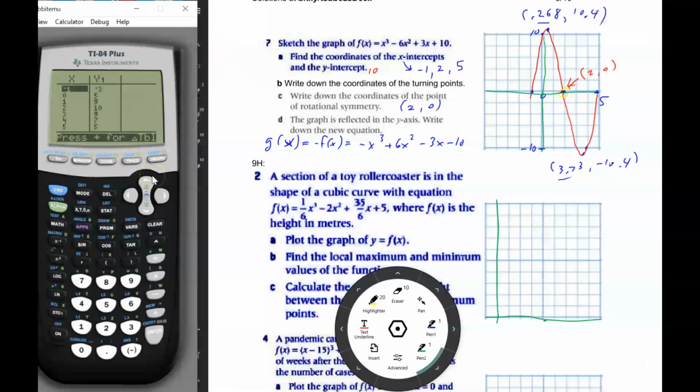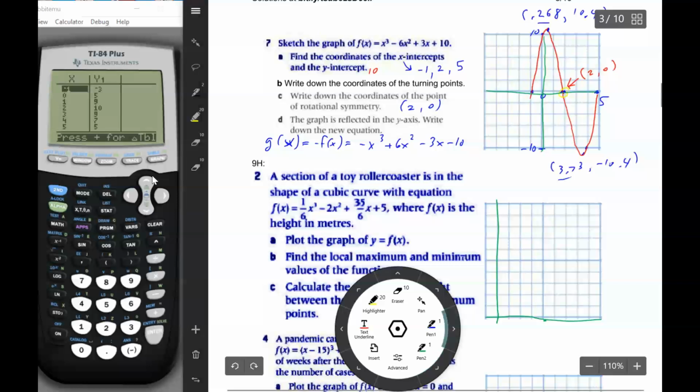So for example, -1 comma -3, that's off my screen, right? It's down here. 0, 5, that's here. 1, 9, that's here. 2, 10, that's here. 3, 9, that's here. 4, 7, that's here. 5, 5, that's here.